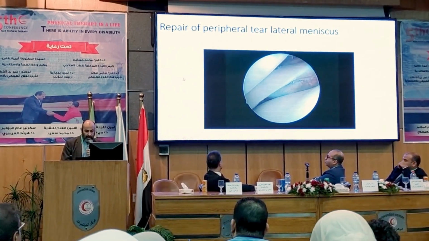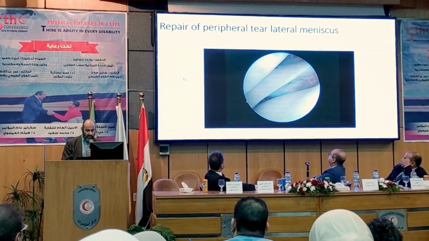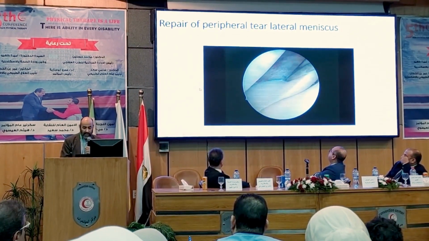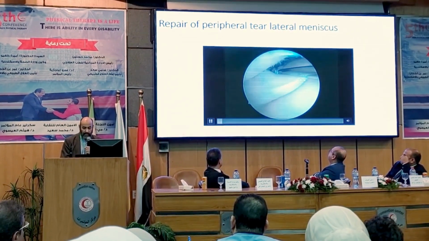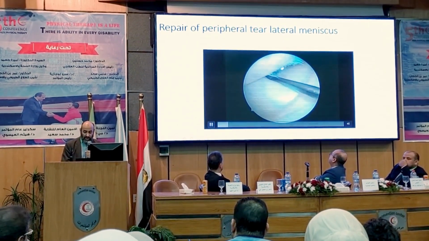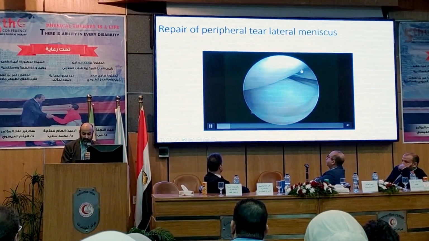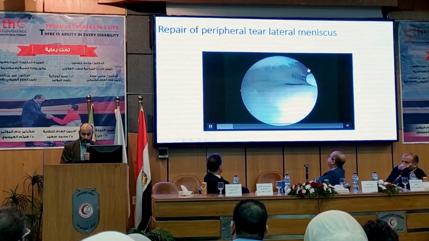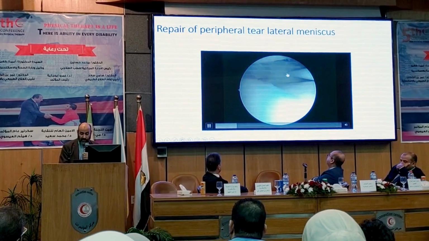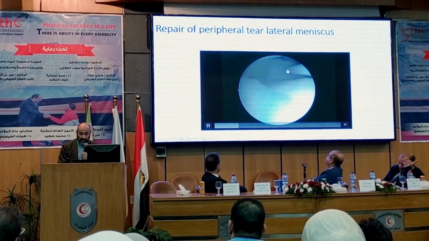Okay, advancing clinical cases a bit more. If we have a peripheral tear of the lateral meniscus, like this one, this is the lateral meniscus on torso. It is not injured, but it is detached from the capsule posteriorly, as you can see now. The probe is going into the tear, and this is definitely repairable, because it is in a regular location.